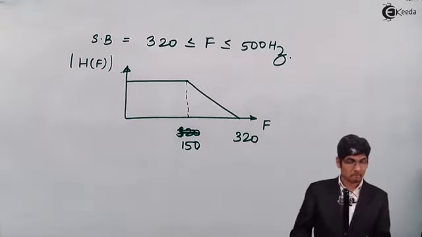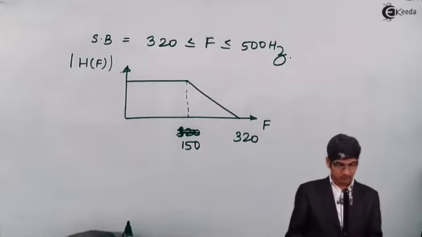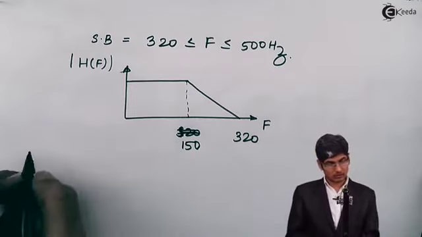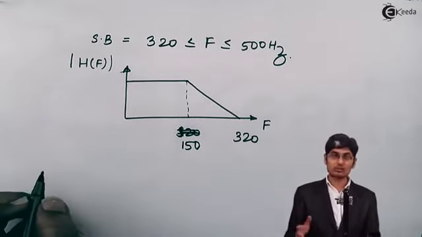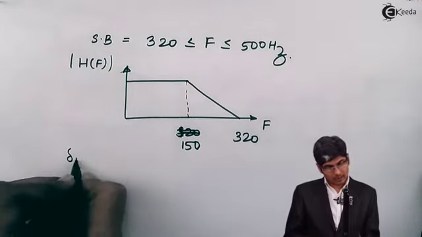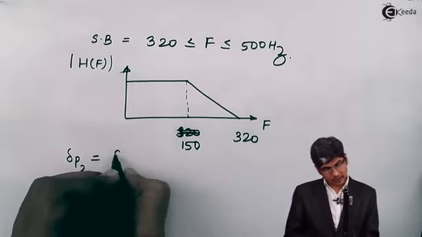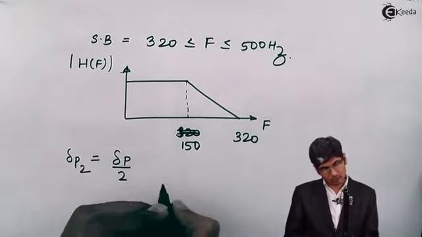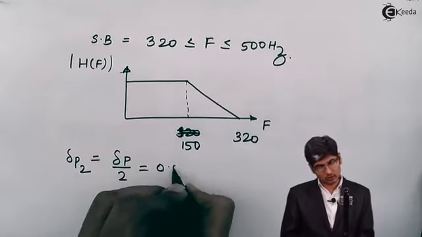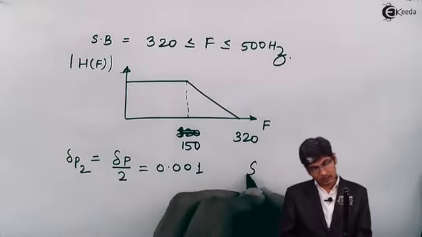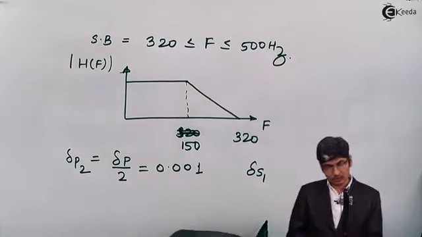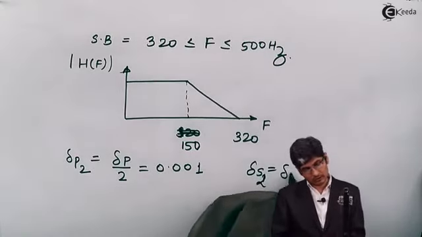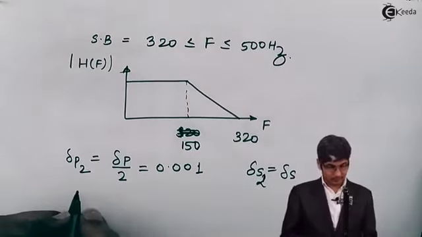Then because we have delta P and delta S, we can go for the order of the filter. Now I will calculate delta P2, which is again equal to delta P upon 2 because stages are 2. So it is 0.001. Delta S2 will be the same as delta S, right?